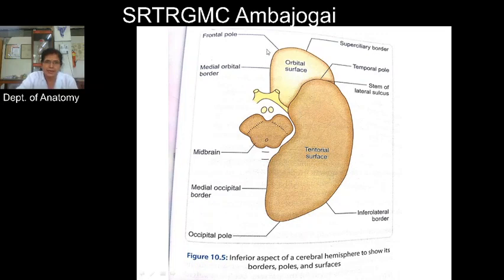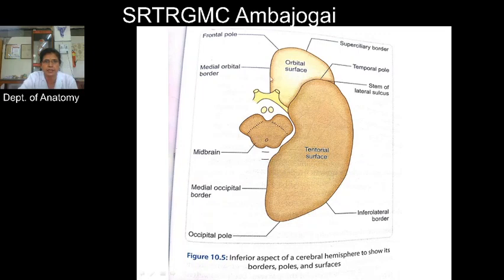Then this medial border is divided into two parts. The anterior part is called the medial orbital border, and the posterior part is called the medial occipital border. The medial orbital border separates the orbital surface from the medial surface, and the medial occipital border separates the tentorial surface from the medial surface.